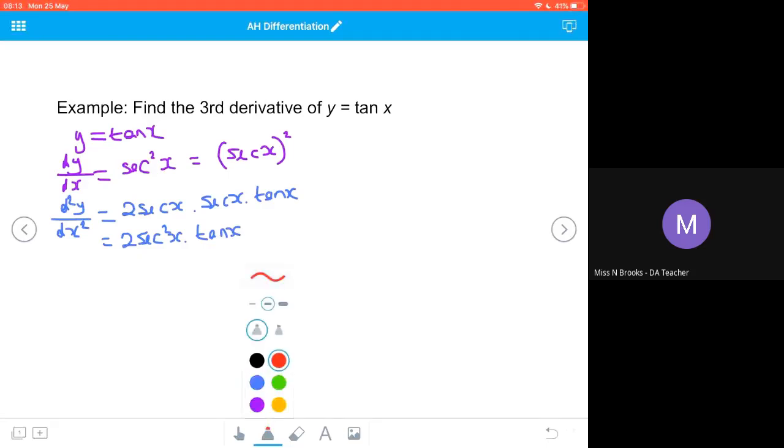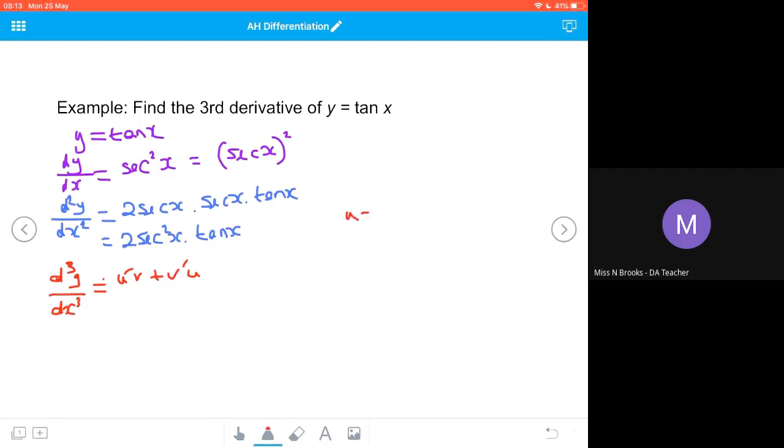Now, the question asked for the third derivative of y equals tan x, so that's d3y by dx cubed, and you can see I'm now going to have to use the product rule, so I'm going to have u dash v plus v dash u. So I need to work out what my u is, and that will be the 2 sec x all squared, and I'm going to rewrite that as 2 bracket sec x squared, and my v is going to be tan x.